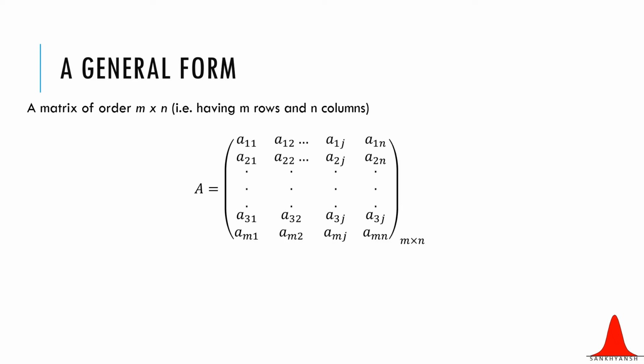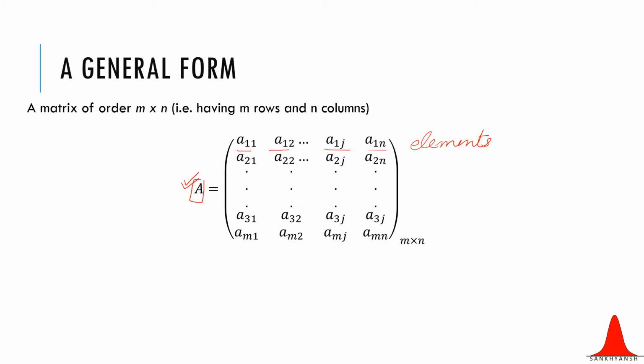So let's see a general form of a matrix. A matrix of order m into n, which is having m rows and n columns, is represented generally like this. The matrix is denoted by a capital letter always, and the elements of the matrix, these inner numbers, are known as elements of the matrix.